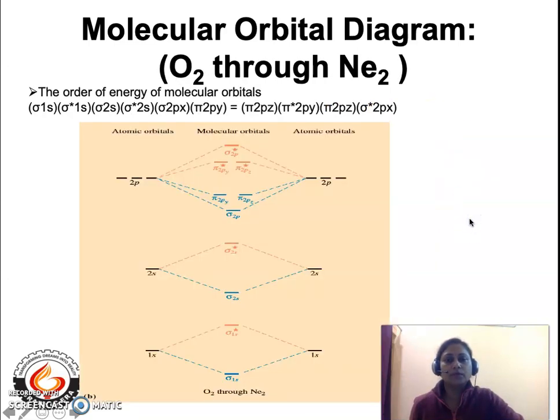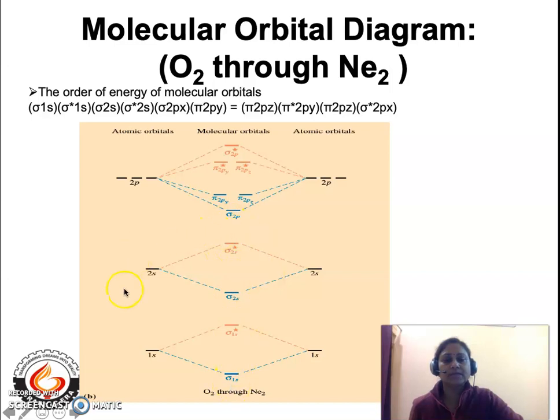Now let us come to the molecular orbital diagram for any molecule from oxygen through neon. Here also this is a MO diagram. Again the molecular orbitals are arranged in the order of increasing energy level, and the lowest energy level corresponds to sigma 1s, then the sigma star 1s, the sigma 2s, and the sigma star 2s.